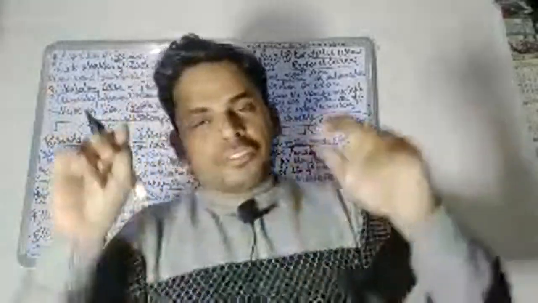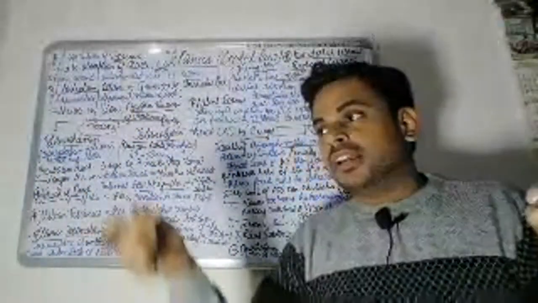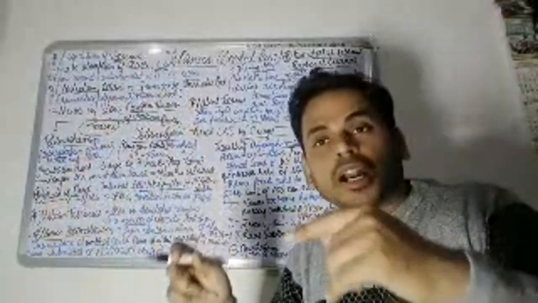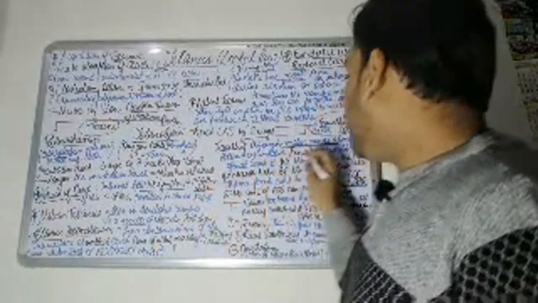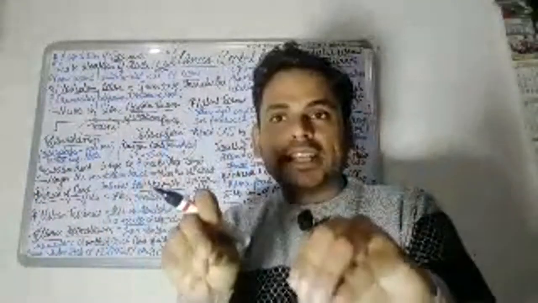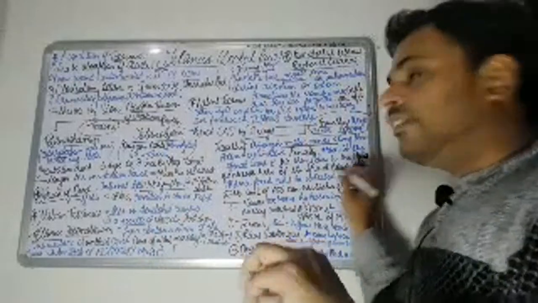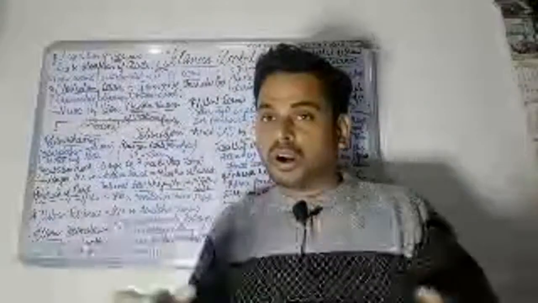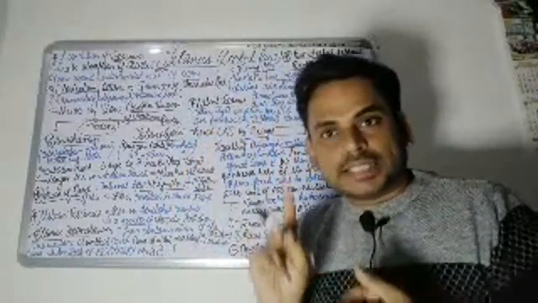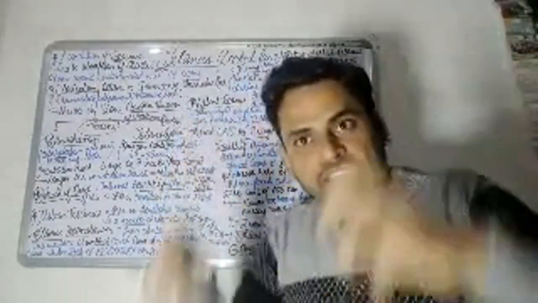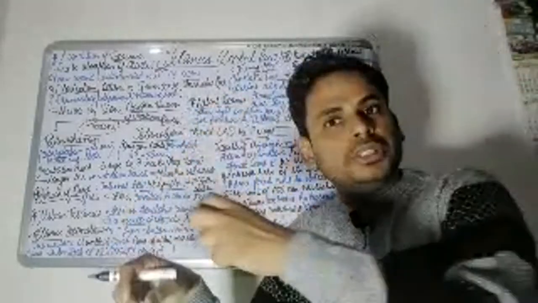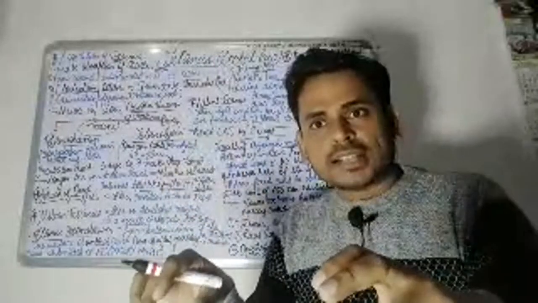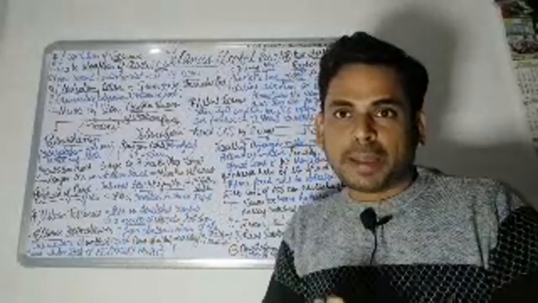So do remember, from the motor end plate, the toxins of the Clostridium tetani are going to reach the spinal cord, and finally they are going to fix at the motor cells of the anterior gray horn of the spinal cord.